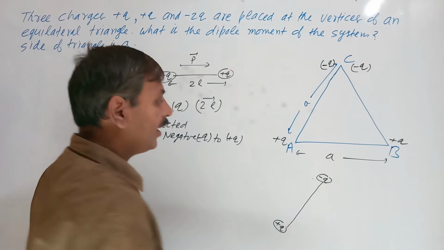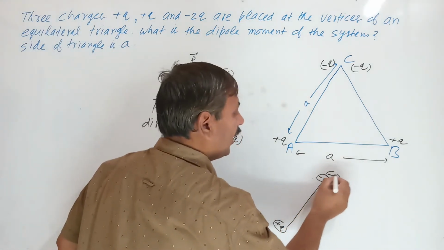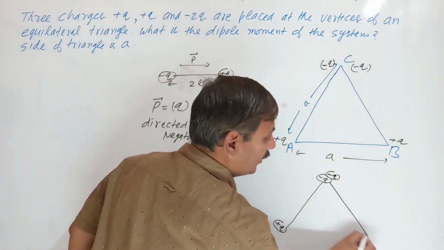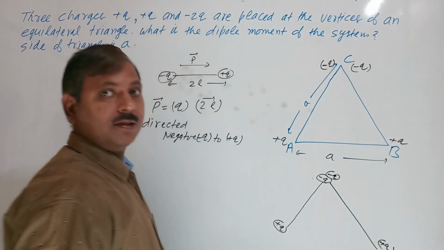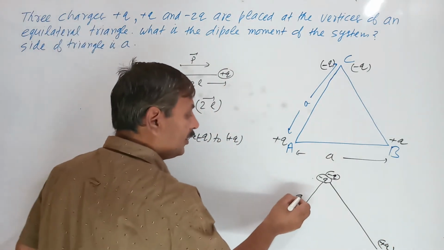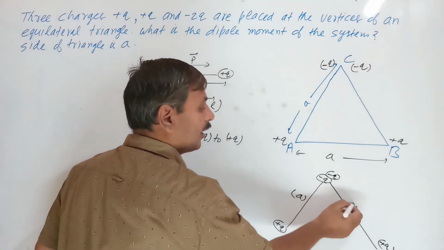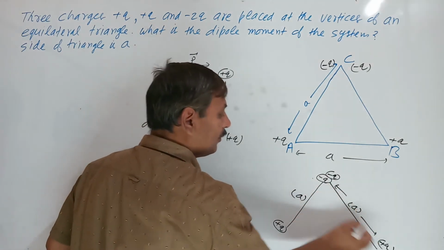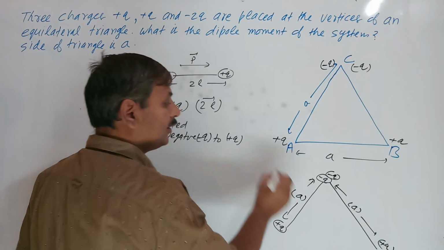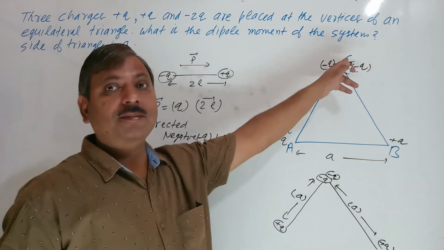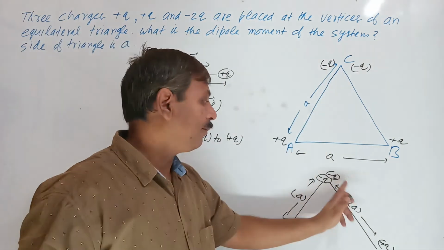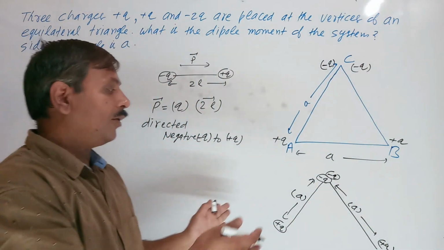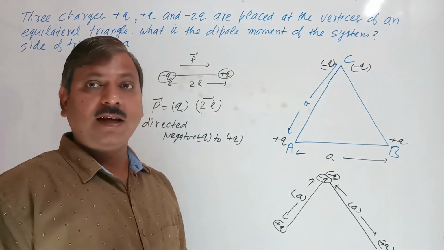One dipole is here, minus Q and plus Q, and another dipole is here, and the distance between the charges is A. Here also the distance is A. What will be the dipole moment of the system? This minus Q and plus Q is one dipole moment, another is the other dipole moment, and both are vector quantities, so we can find the resultant.